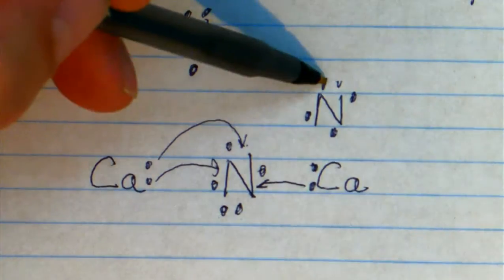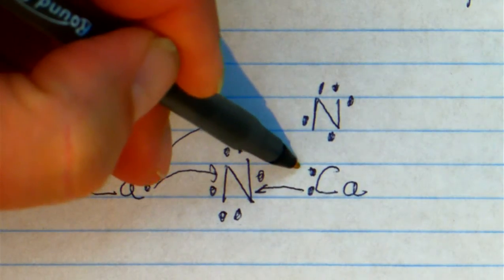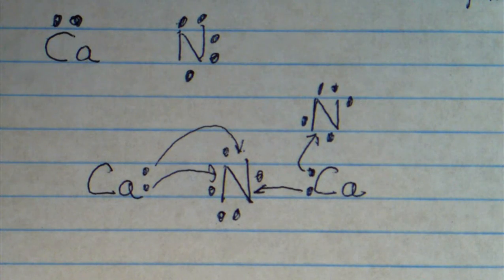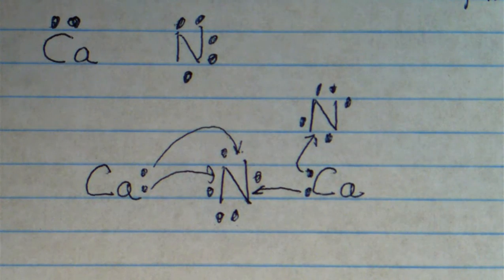So here is a nitrogen with 5 valence electrons, and this calcium is going to give one to that nitrogen. Now this nitrogen has 6 valence electrons.